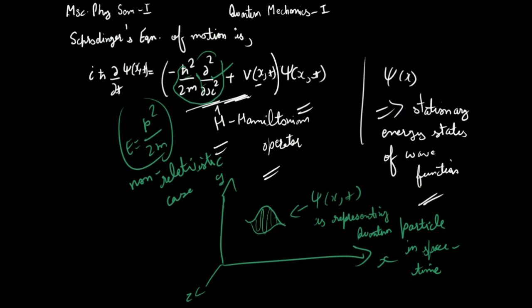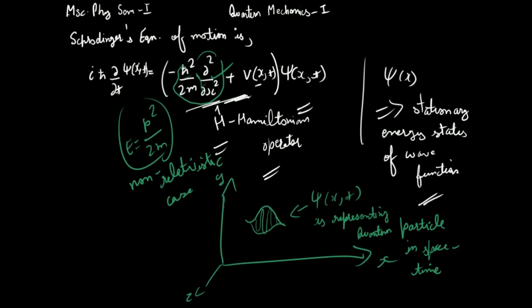Taking time as the fourth dimension is a concept, but since time has direction in every direction, we cannot actually define a specific dimension for that time. So it's just considered as space and time. For more concept on that, we have the special theory of relativity and general relativity. You can check that out also. So this is a wave function in a three-dimensional coordinate system in space time.